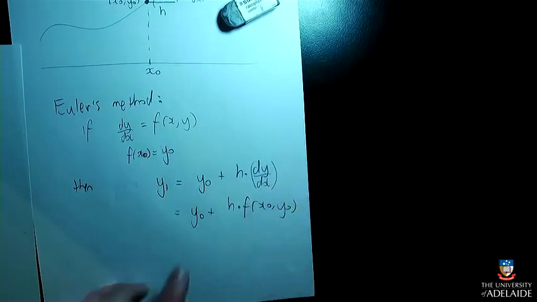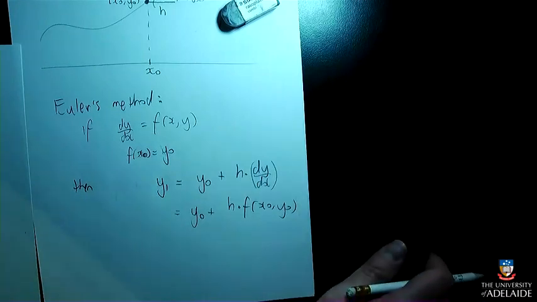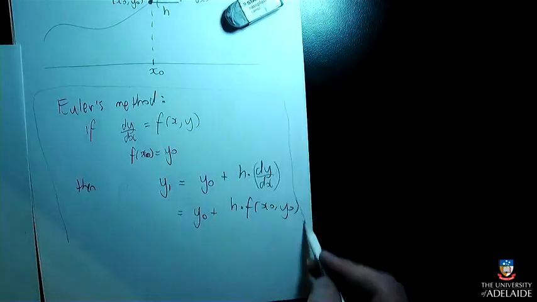So the idea of this f, I got myself confused. I thought f was the name of the function y. f is the name of the function that tells you what dy on dx is. So that's Euler's method, and that's how it works, and it's based on this idea here. So we're going to need an example for that to make any sense at all.